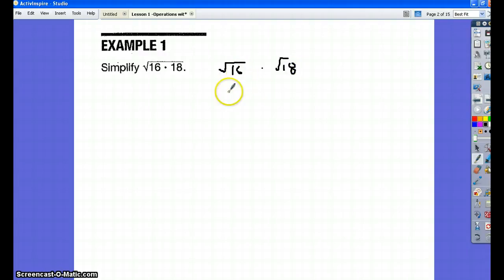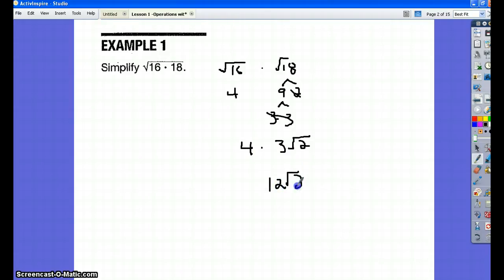So the square root of 16 is simply 4, right? 18, let's break it down, that's 9 and 2, and 3 and 3. So when you have a pair of something, it can come out. So it's going to be 3 square root of 2, there's only one 2, so that stays inside. And then 4 comes down from that, so 4 times 3 is 12 square roots of 2. That's going to be your answer.